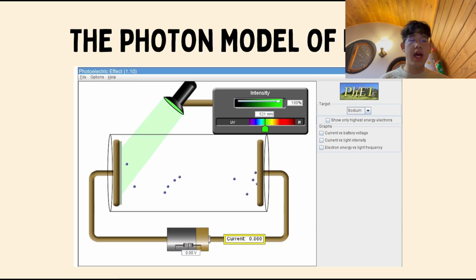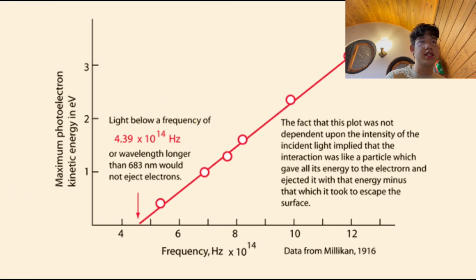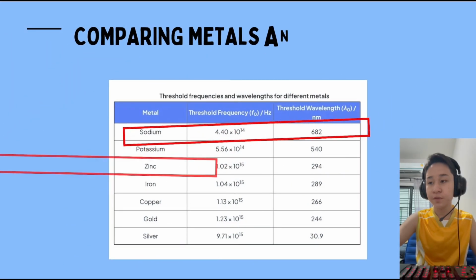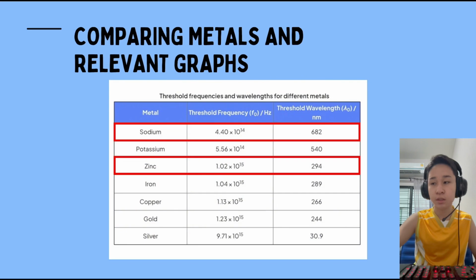So let's look at a graph of kinetic energy and frequency. Notice how the kinetic energy increases linearly with the frequency above the threshold, matching the photon model. Different metals have different work functions, so their threshold frequencies vary.